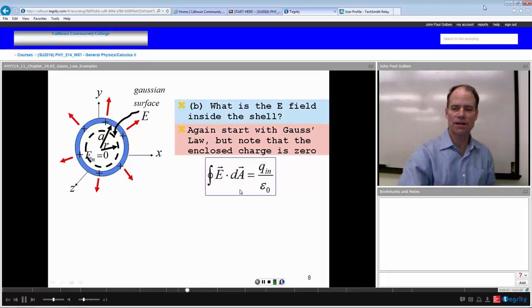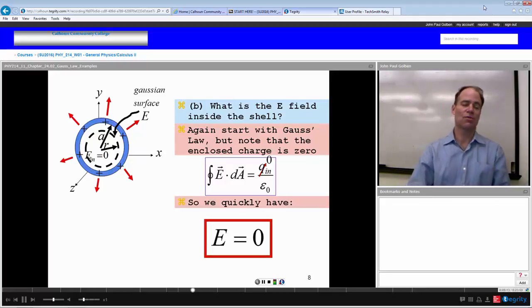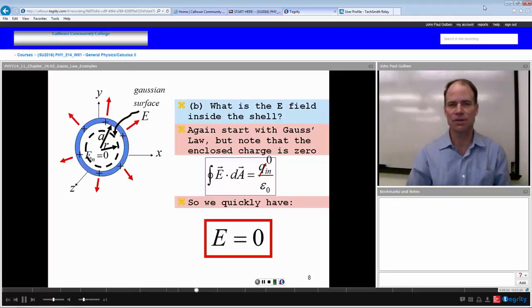So if we write down Gauss's law, we can immediately say that Q enclosed is actually 0. And as we solve this equation, we'll come up eventually with the fact that the E field inside is 0. We've got flux going through, but whatever goes in goes out of our Gaussian surface. There's no flux-producing device inside our Gaussian surface, so the E field must be 0.